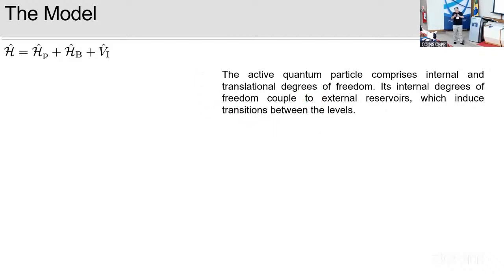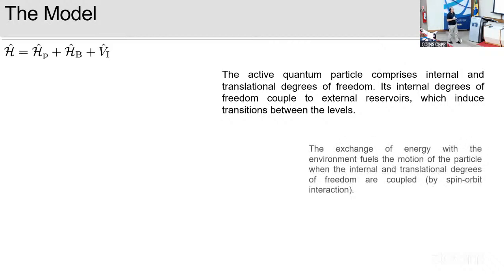So this particle should move and should get some internal excitations. And most important, the internal degrees of freedom, which I will call spin just to make it simple, should be coupled to the translational degrees of freedom, meaning this particle should have a kind of spin-orbit coupling at some level.